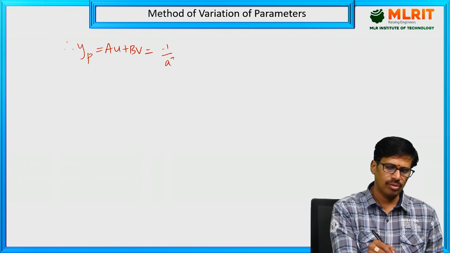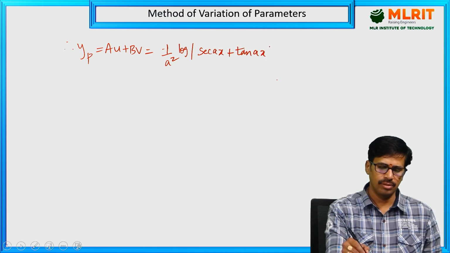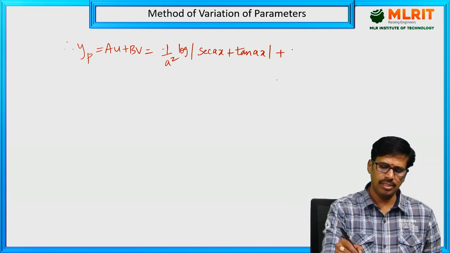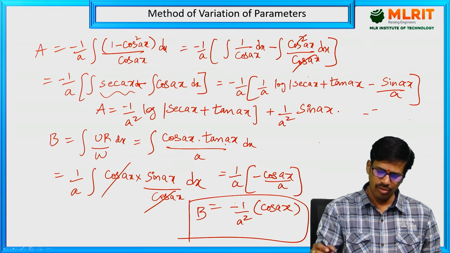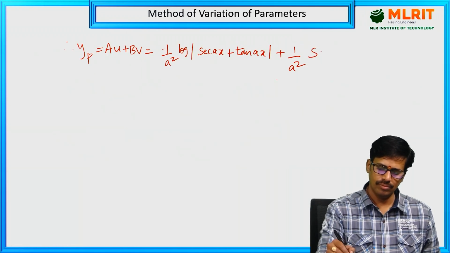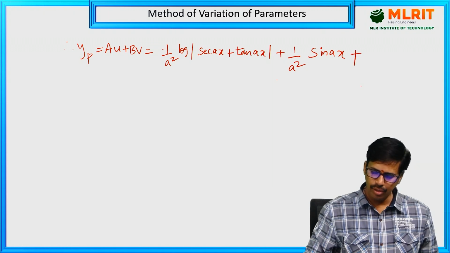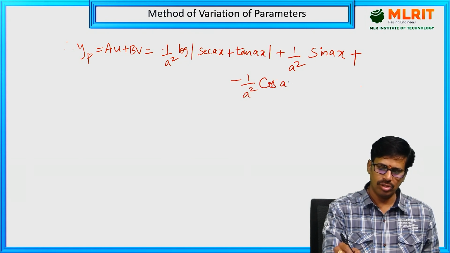Minus 1 by a square log mod secant ax plus tan ax plus 1 by a square into sin ax, that is the A value into sin ax. Plus B into v. What is B? Minus 1 by a square cos ax.